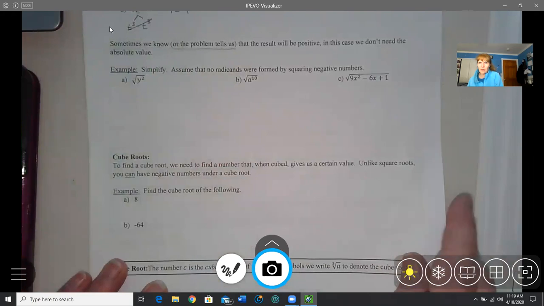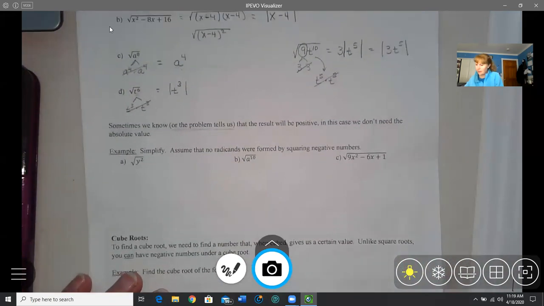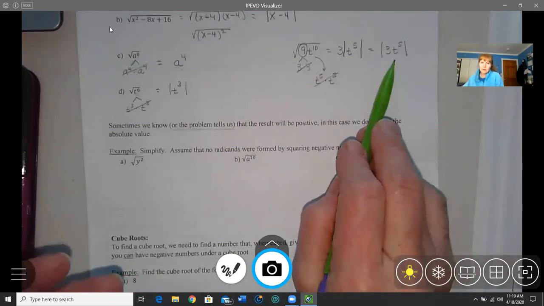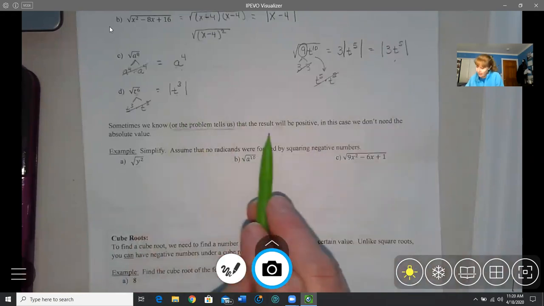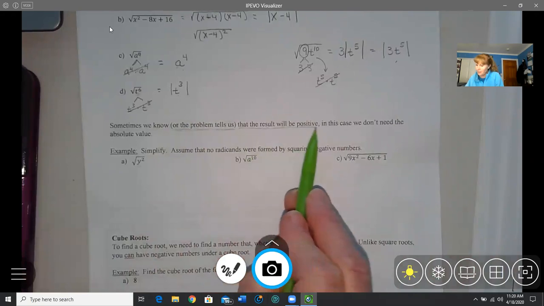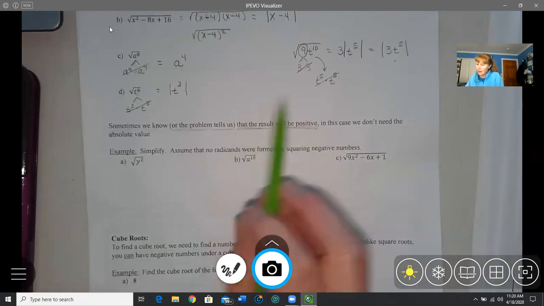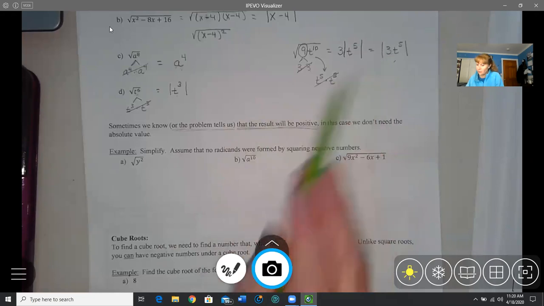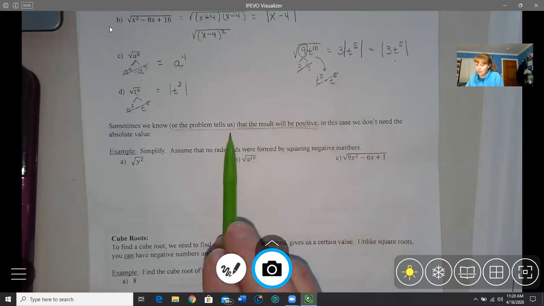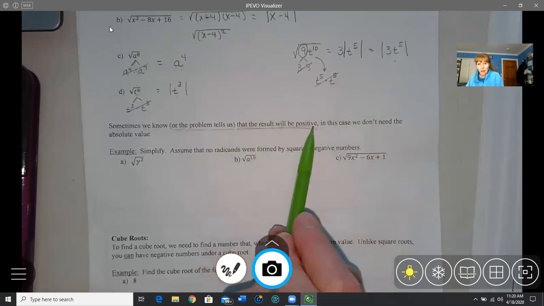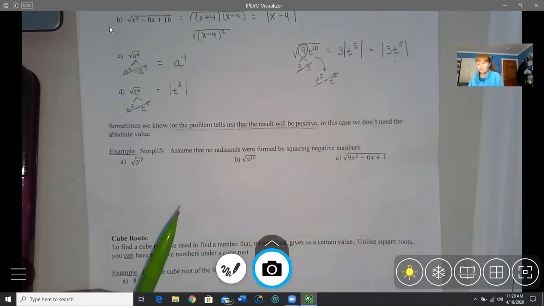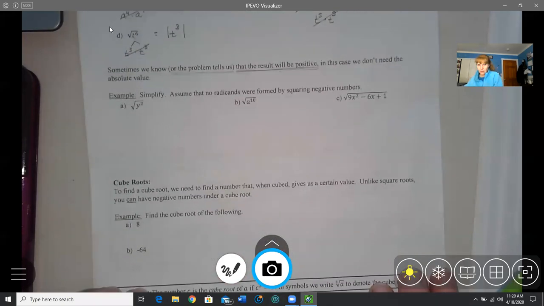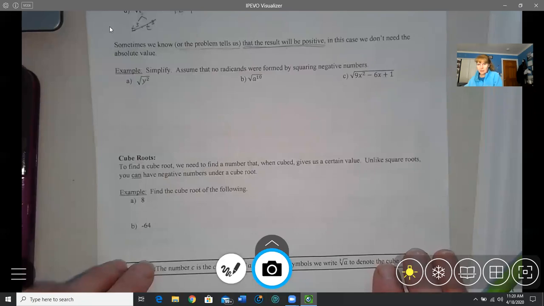They're telling you that the answer is positive, so you don't have to worry about absolute values. So whether or not you need absolute values, read the directions. If it doesn't say the results will be positive, you'll need to put absolute values when you have odd powers. Otherwise, you don't. So let's go through some examples.